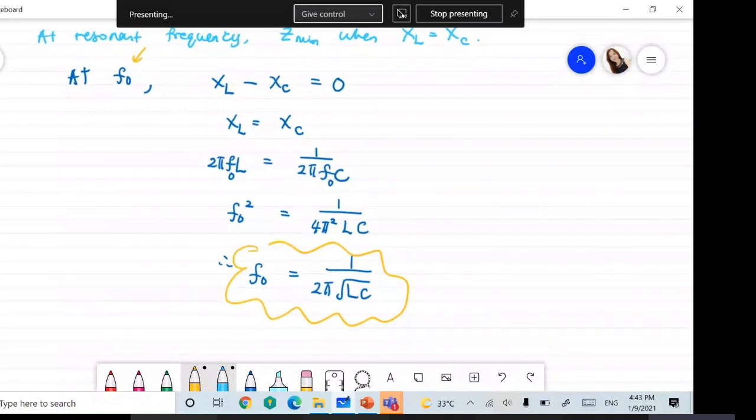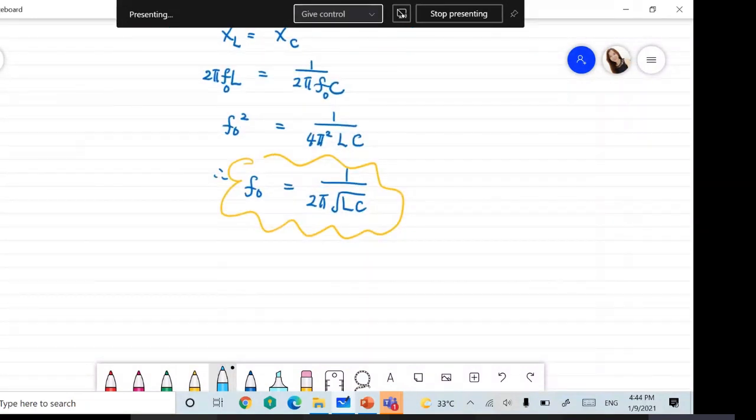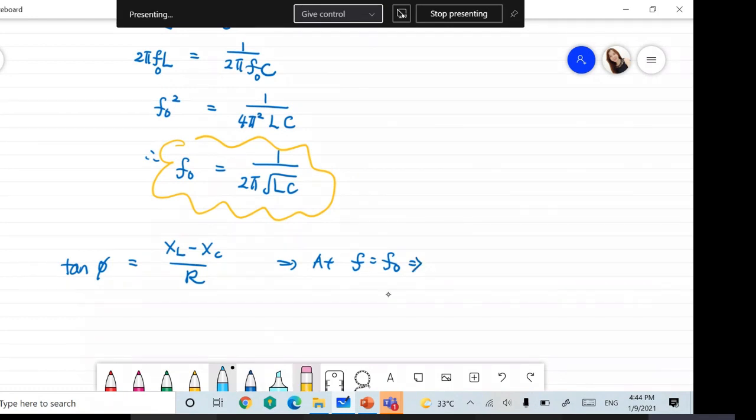At the resonance frequency, let's refer back to the power factor. For the power factor, we have the phi, where tangent phi is defined as XL minus XC over R, right? So at the resonant frequency F0, XL is equal to XC, and therefore tangent phi is equal to 0.